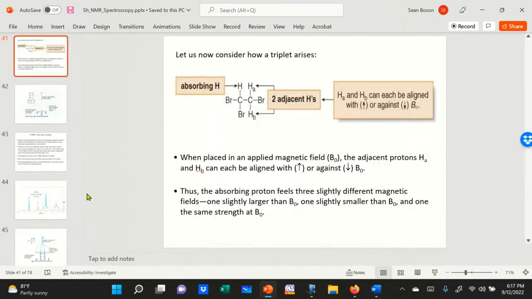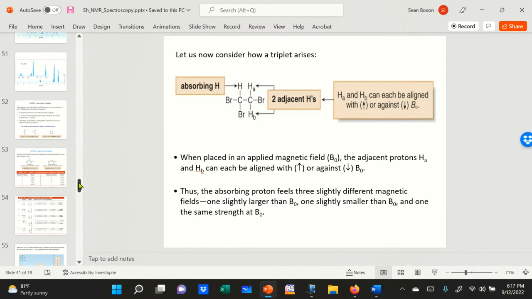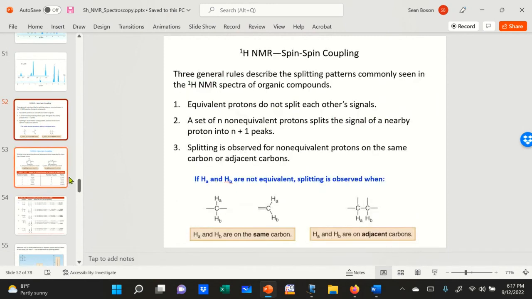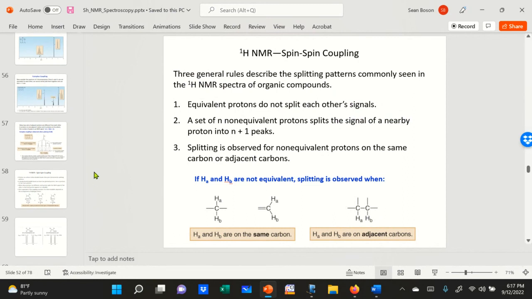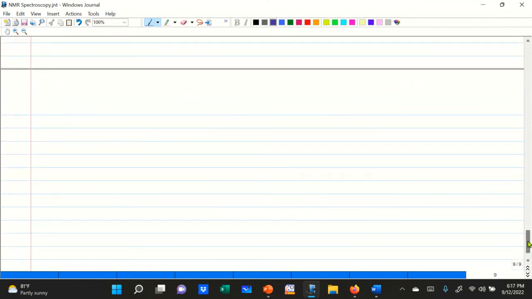Now, that is my coupling. Now I'm going to talk about something extraordinary or unusual, which is complex coupling.